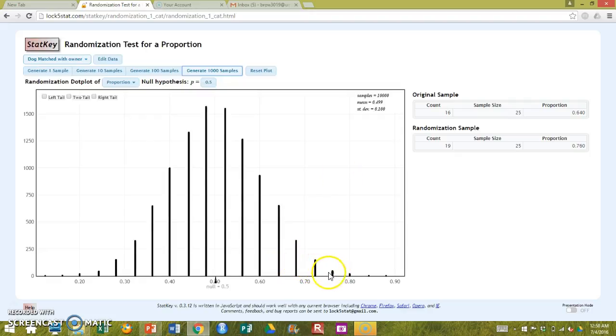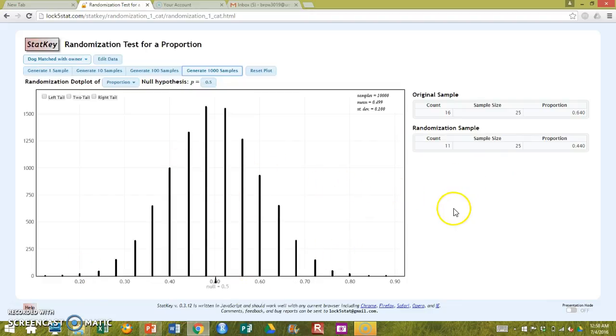We can hover over any one of these. This is 10,000 bootstrapped means that were shifted over so that we would be centered on the null value of 0.5 proportion. And we can move over any one of these and see a particular result, one of the many 10,000.